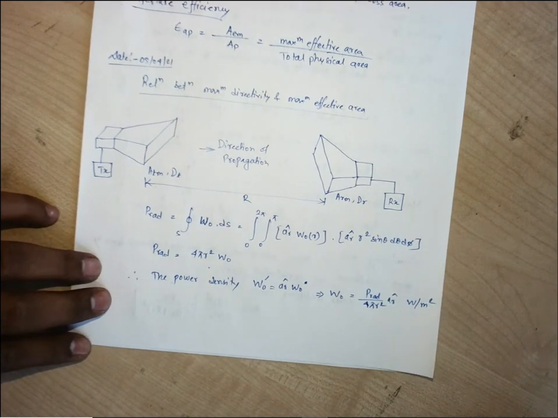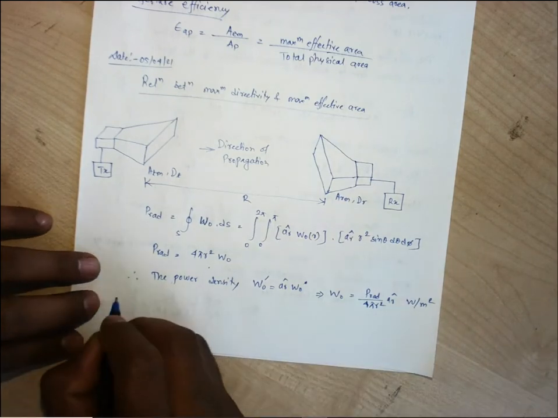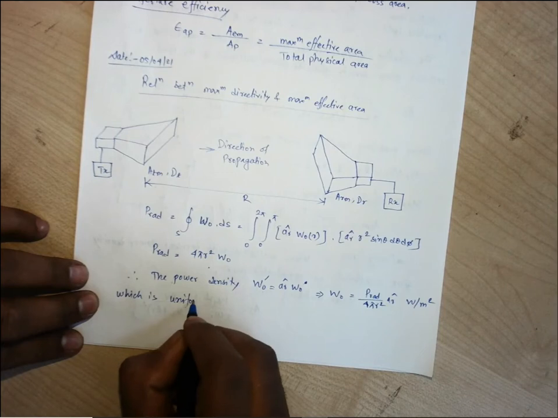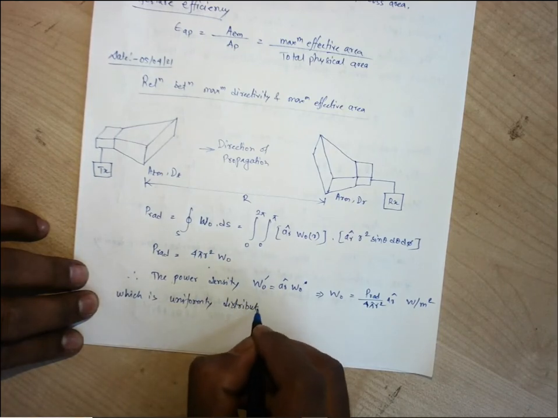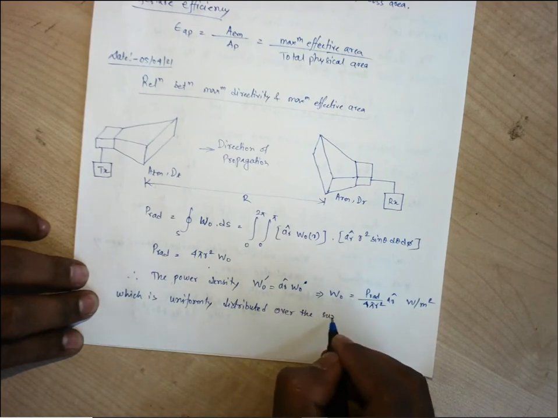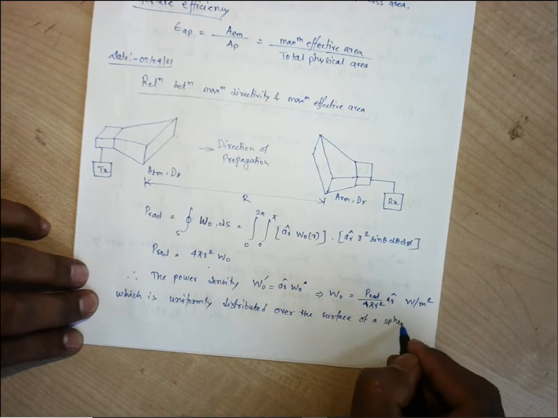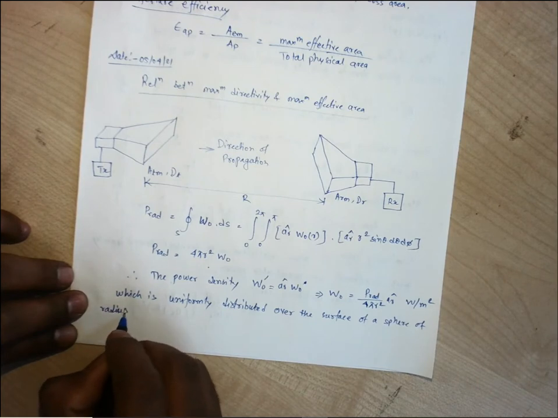So it is the power density or radiation power density. What does it mean? This power is uniformly distributed over the surface of a sphere of radius r.